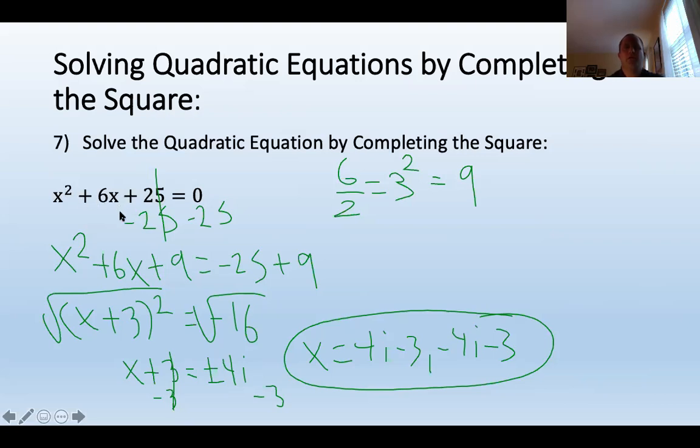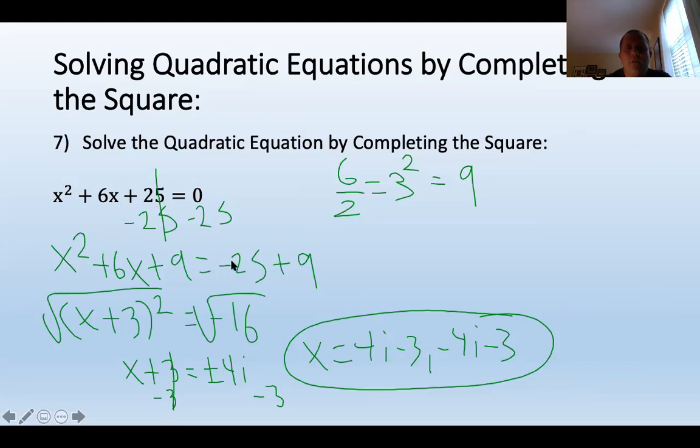So in this case, 25 represents the constant term, and we would want to subtract 25 from each side to cancel it out and move it over. So you'd end up with x squared plus 6x equals negative 25.